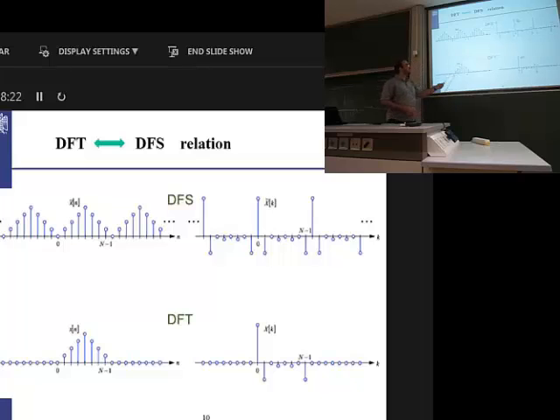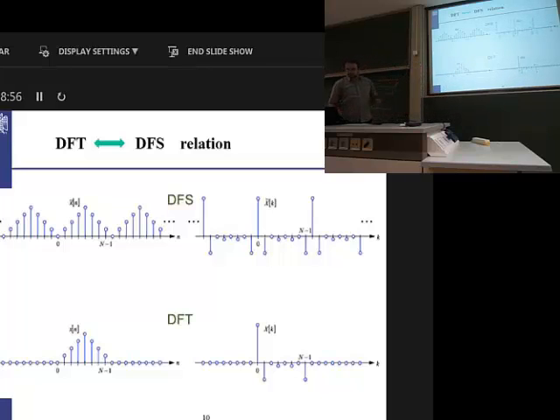Now, the relation between DFT and DFS is that you just take the x of n. I said that the samples in the time domain should be limited. So we take just the main period of the signal x tilde of n, and we get only the first period of the representation in the frequency domain as the samples of the DFT.